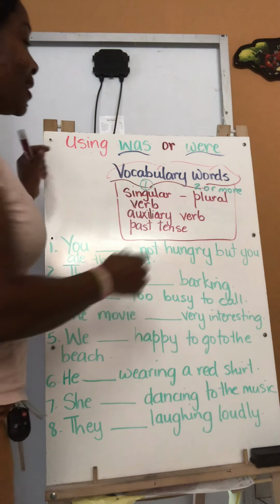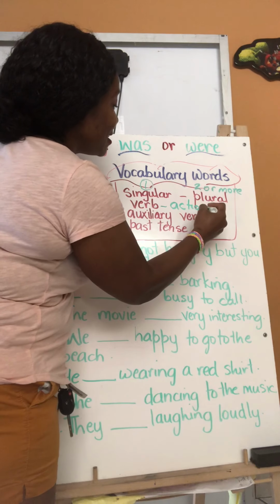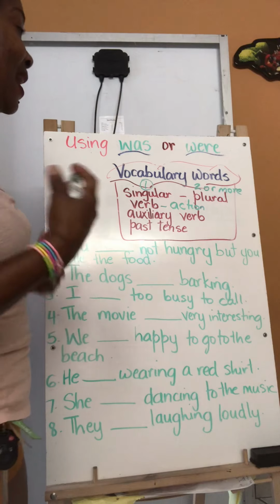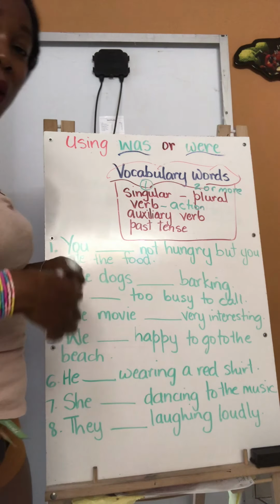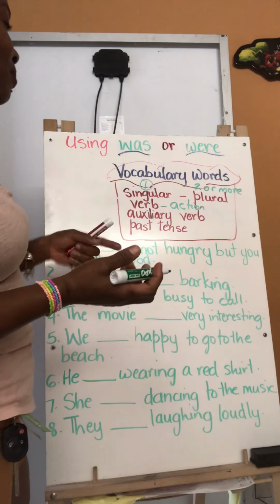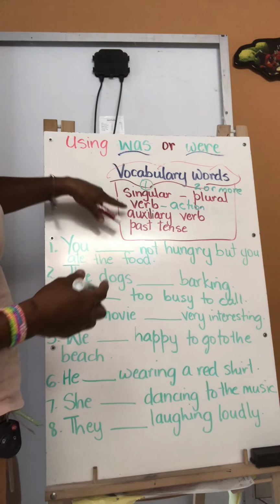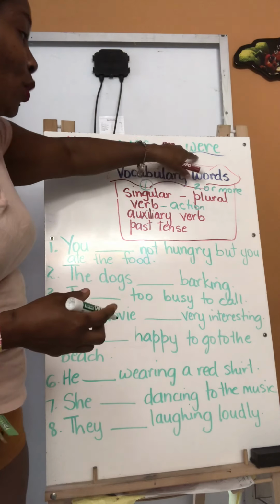Then verb, again, is an action word. That's the simplest definition. Once you think of a verb, you think of an action. Now, auxiliary verbs are what we call helping verbs that help a main verb to move the sentence along smoothly. And the two auxiliary verbs we're looking at today are was and were.